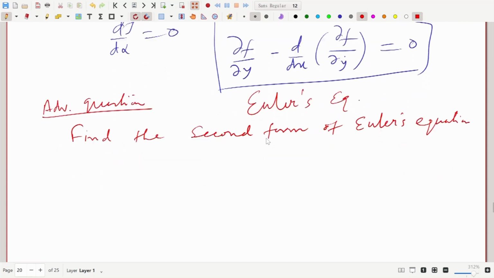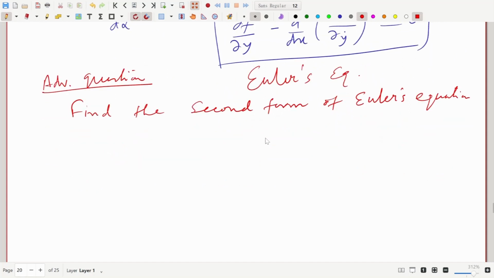So now we will consider one small example to illustrate this principle of variational calculus, how we consider the extremization of a functional and extract an equation from there.